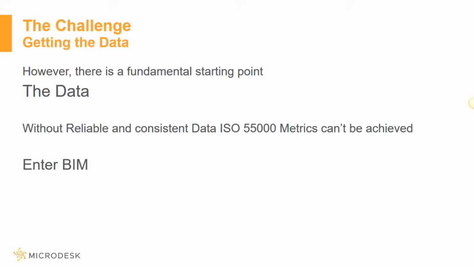Without having reliable and consistent data, first of all, you can't measure what your performance is, and then second, you can't achieve these kind of goals that the ISO standards lays out for us. This is where BIM comes in and really becomes a game changer for the organizations.